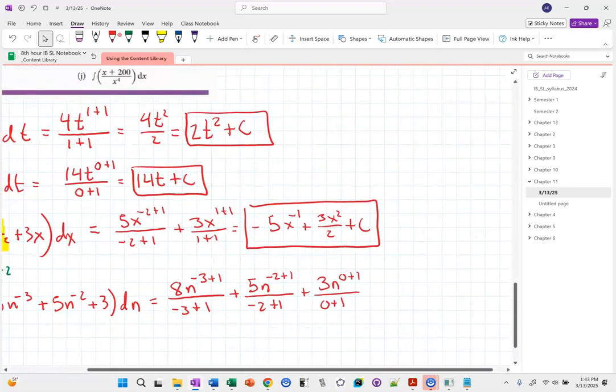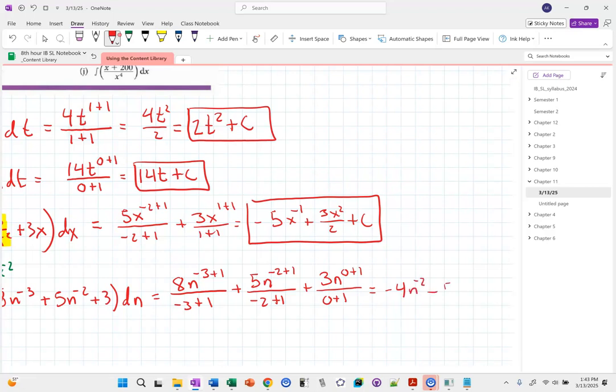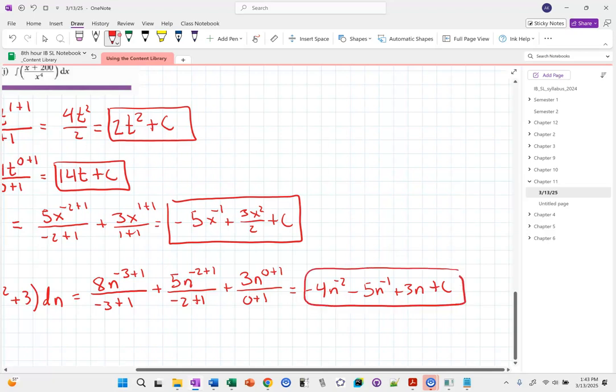Everybody feel so far so good? So if we clean this up here a little bit, those simplify down like that, and we just tack a plus C on, and we're done.